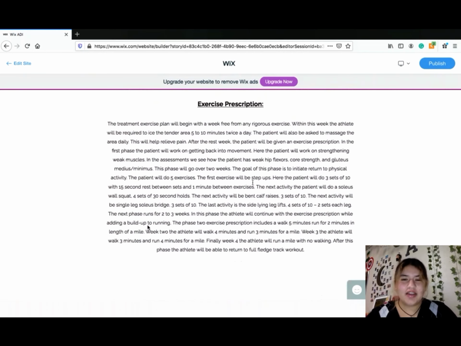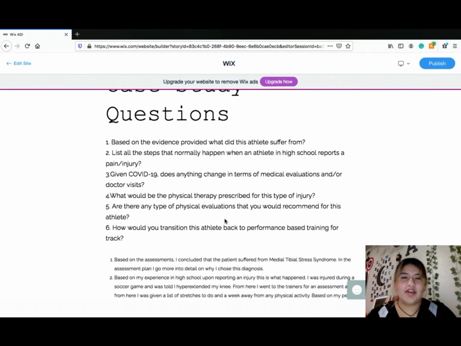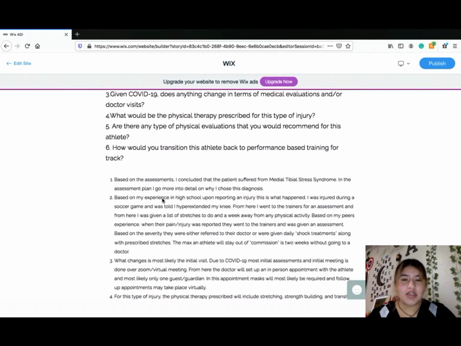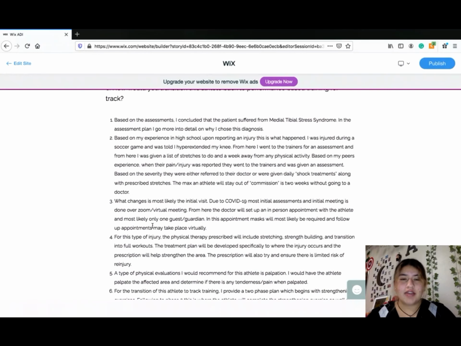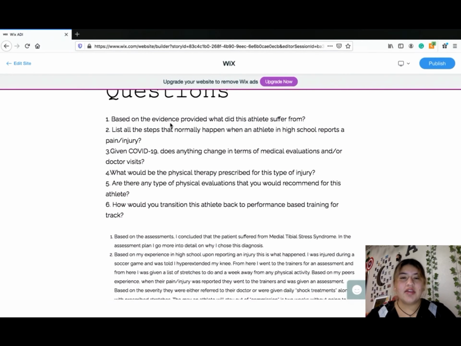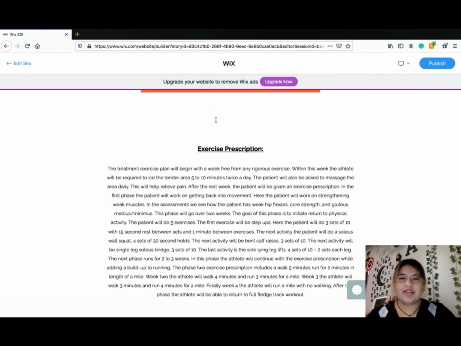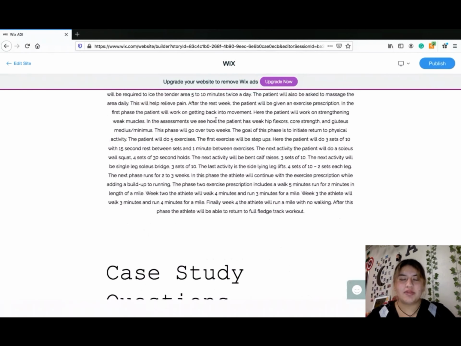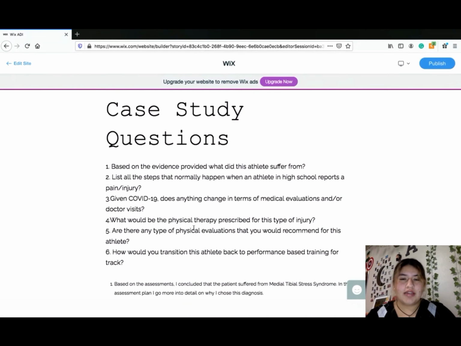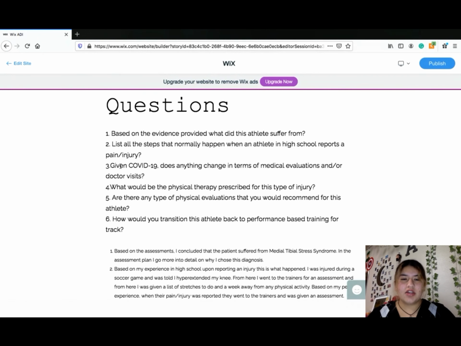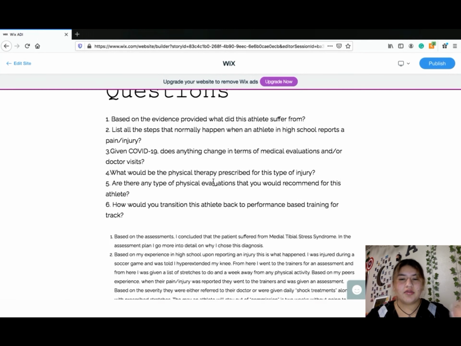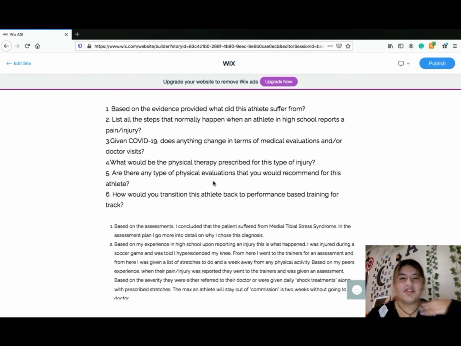So going down here, I have my little paragraph, and here I have my case study questions on how I really answered. So some of these are kind of repeated in my assessment plan and my exercise prescription. So I still kind of went into depth. I talked about how COVID would have impacted. It's kind of everything's really virtual.